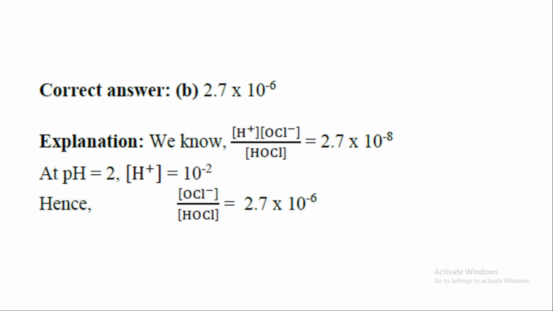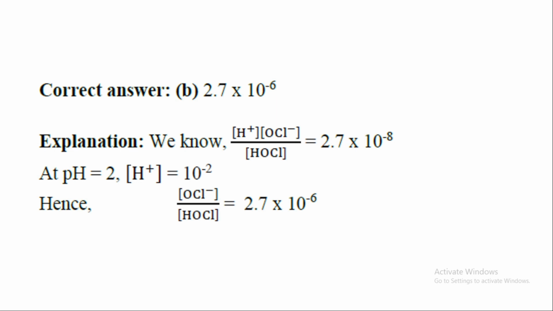That means HOCl is dissociated into two compounds. If I have to define the dissociation constant, it's like the rate constant only. It will be the concentration of the products that are there on the right hand side of the equation.